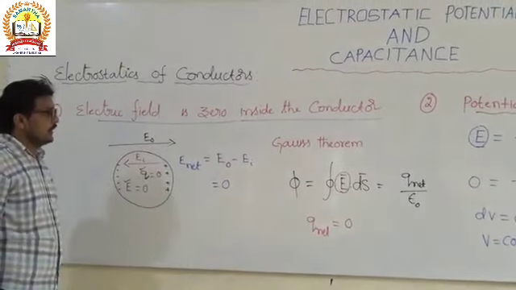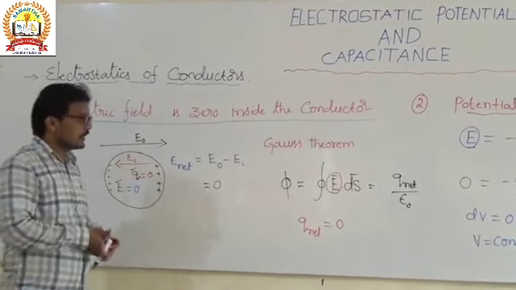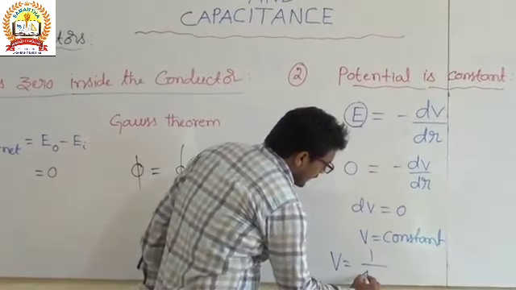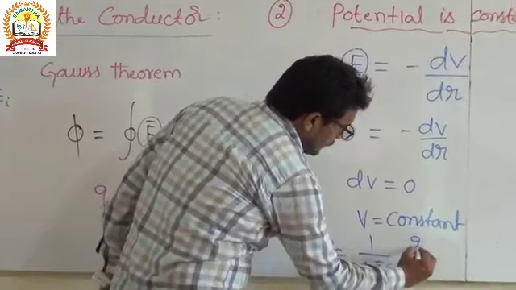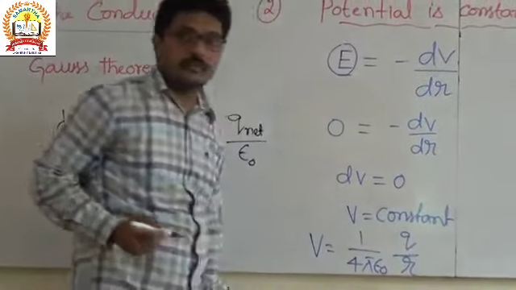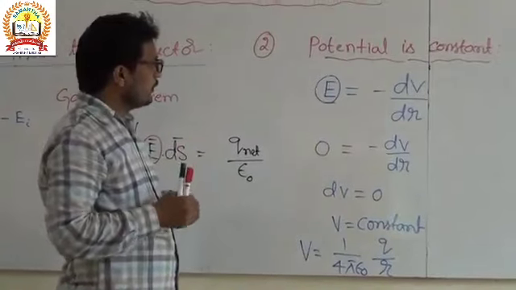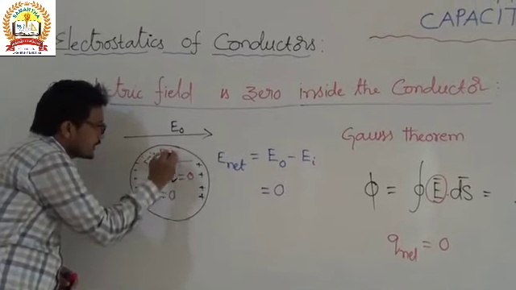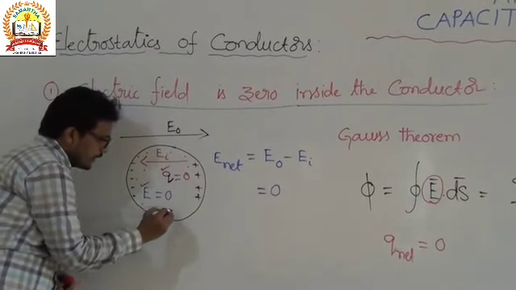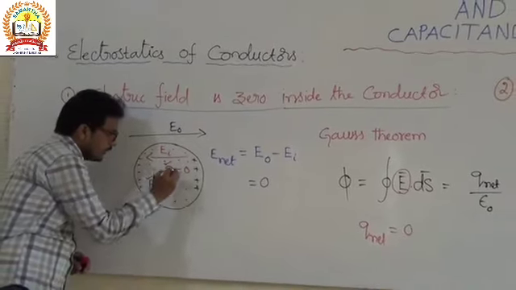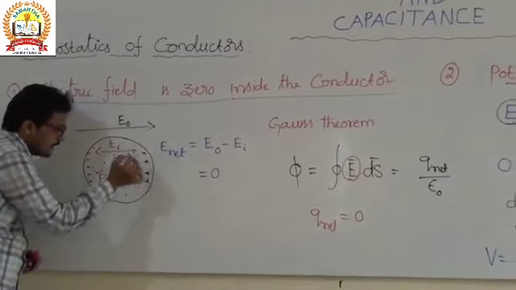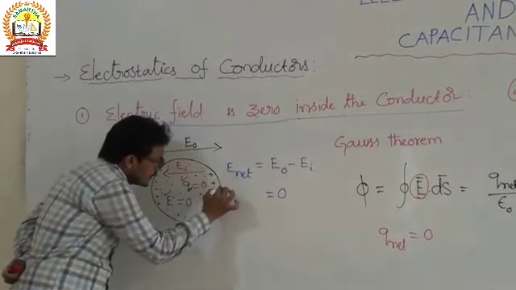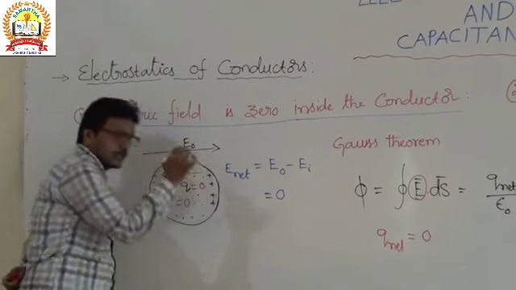And that potential is equal to the potential on the surface of the conductor, V equals 1 upon 4 pi epsilon naught Q by R. One more important point: at any point you take inside the conductor, the electric field is 0, till it reaches the surface, the boundary of the conductor.